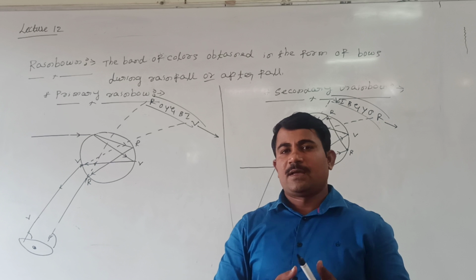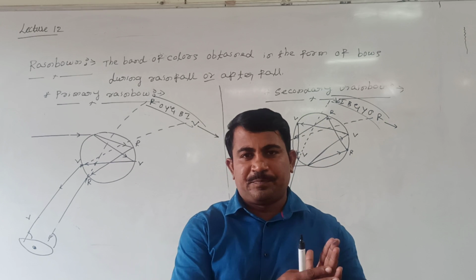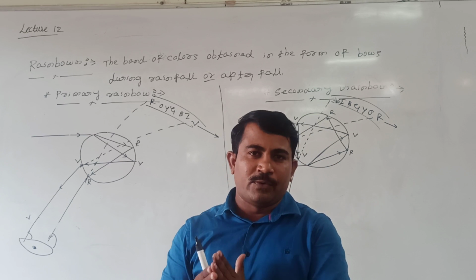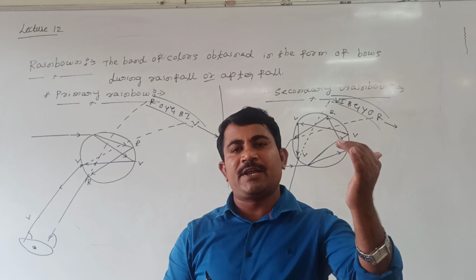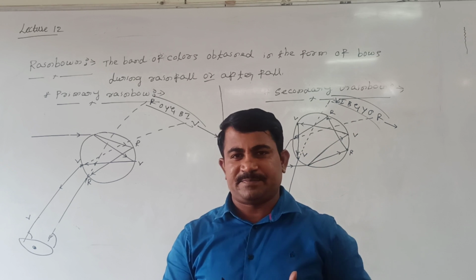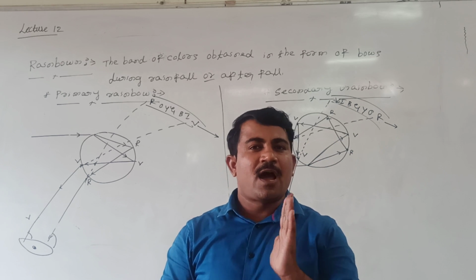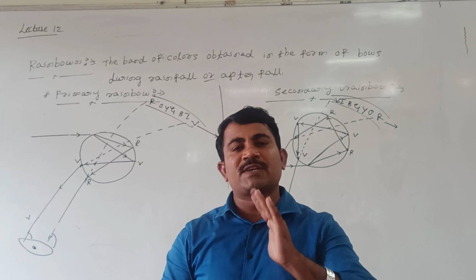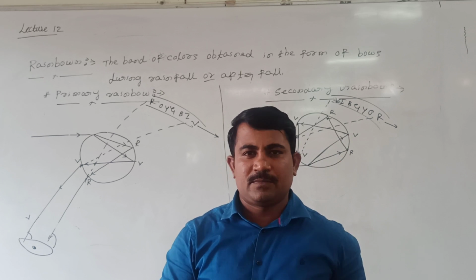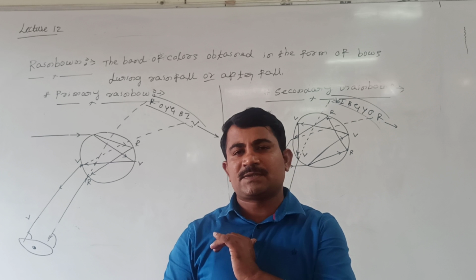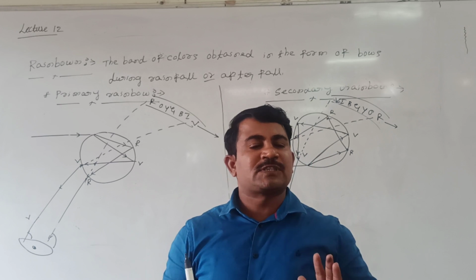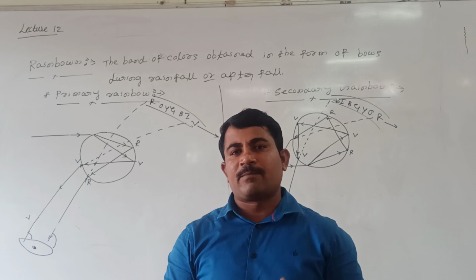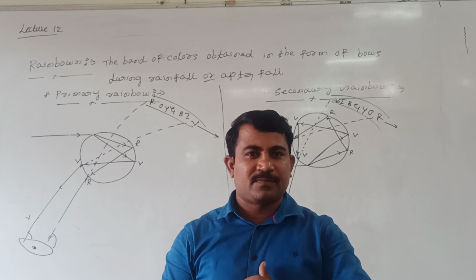But other than the rainbow, the sky appears blue, and the sky appears reddish during sunrise and sunset. Initially we will see how the sky appears blue. The blue color of the sky, how is it? We know that in the atmosphere many gas molecules are there, mainly nitrogen and oxygen.